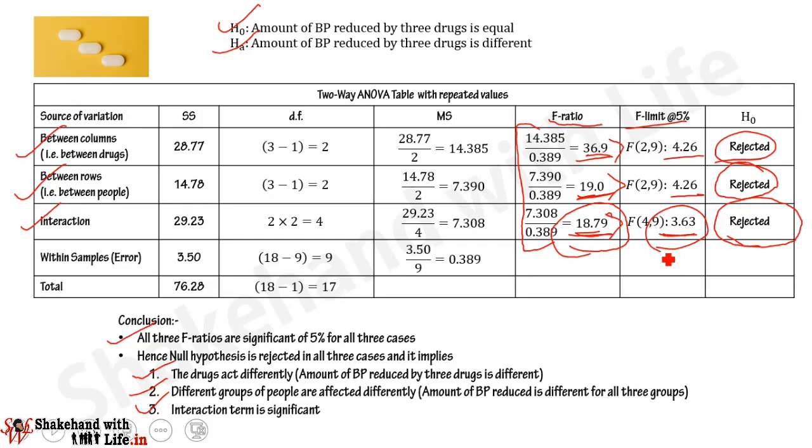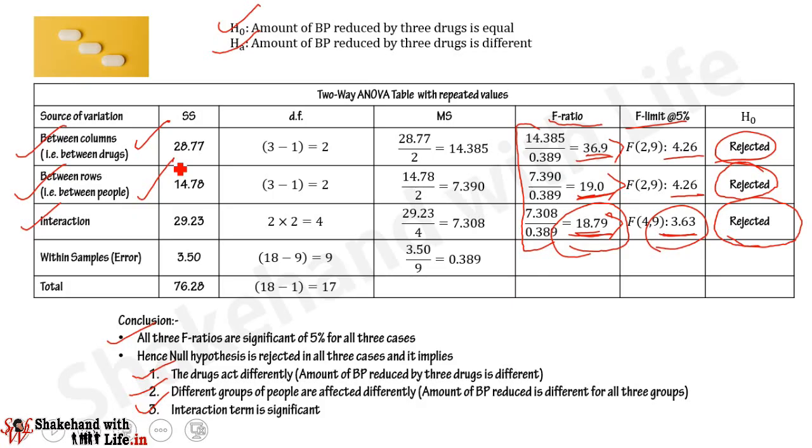So clearly, if the interaction factor is significant, then it is very obvious that the first case, the effect of drug, and how the people are affected, these two factors are also significant at 5%, right?